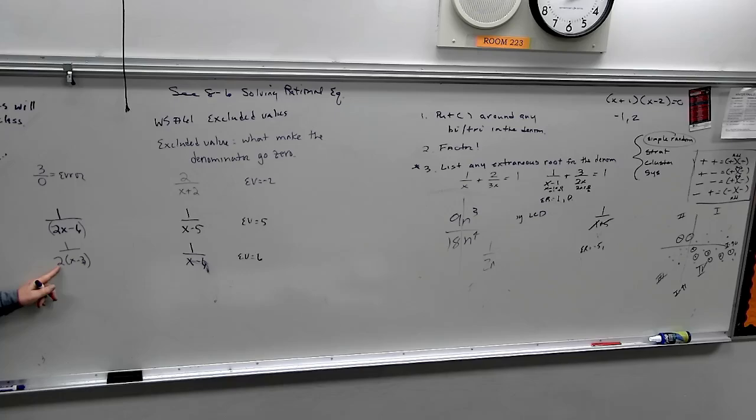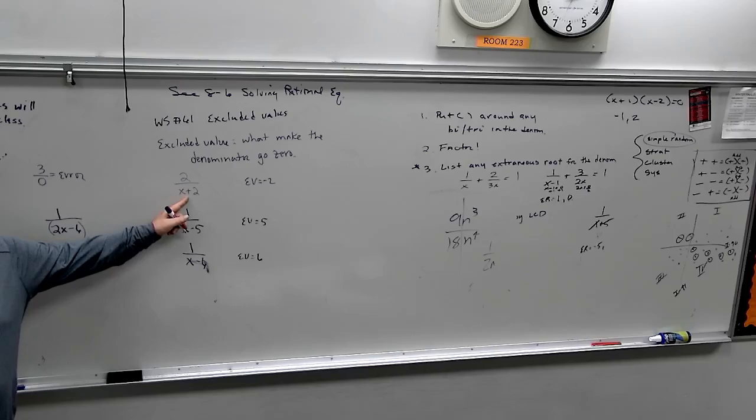This doesn't have a variable, so ignore it. What would make x minus 3 go to 0? Positive 3, right? It's just opposite of what you see. So your excluded value would be positive 3. Before you state your excluded values, you must factor first. Notice here, I couldn't factor it.